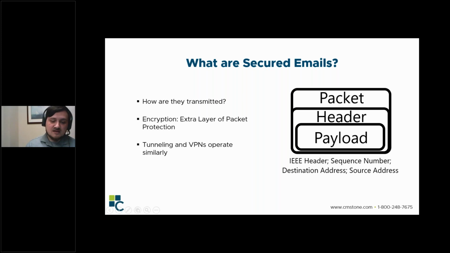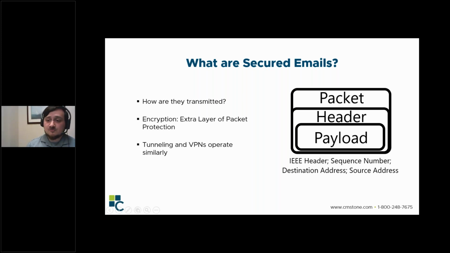What that does is jumble up everything within the letter, so it's unreadable. That includes attachments. Then it slaps on a header, which is the address that we mentioned before, where your email is going. And then it also wraps all that together in the little packets, and then it gets sent to whatever service you're using to send the secure email.